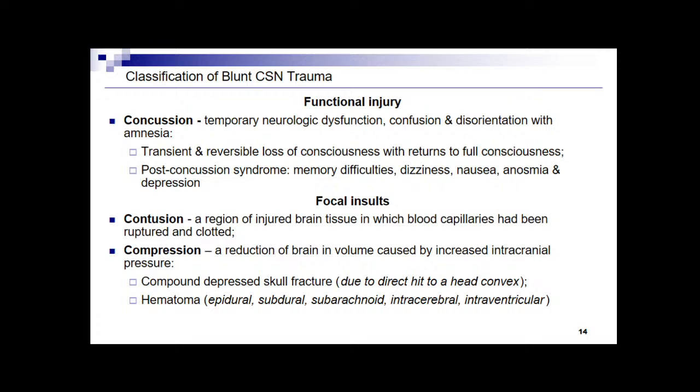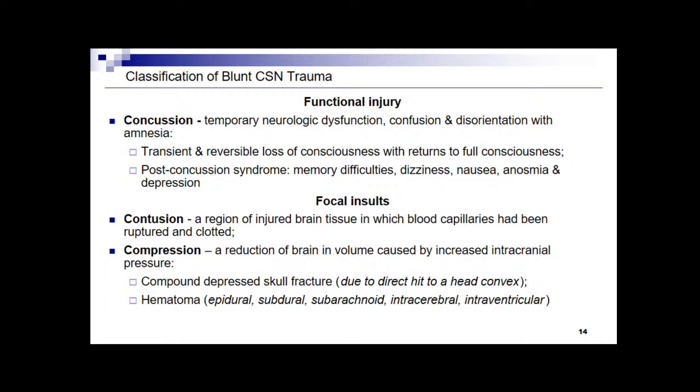There are two mechanisms of increased intracranial pressure. High intracranial pressure happens due to a compound or linear depressed skull fracture, due to a direct hit to the head. This is the Kocher mechanism. Or intracranial hematoma and brain swelling.